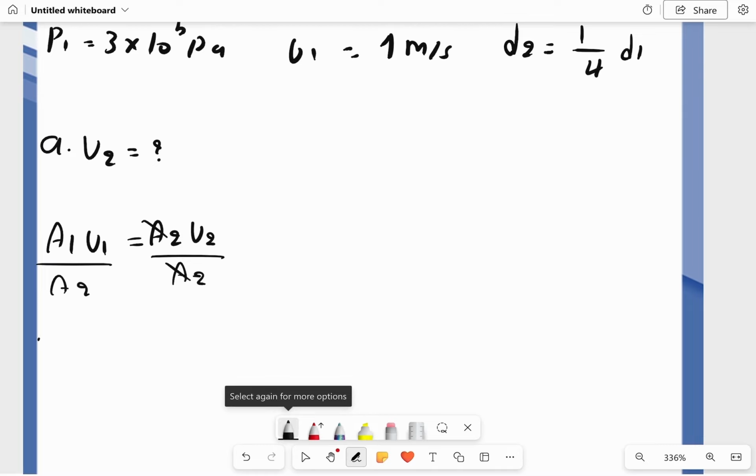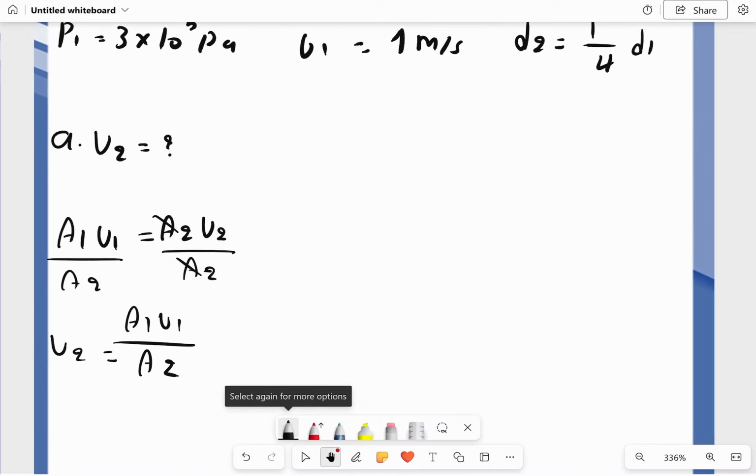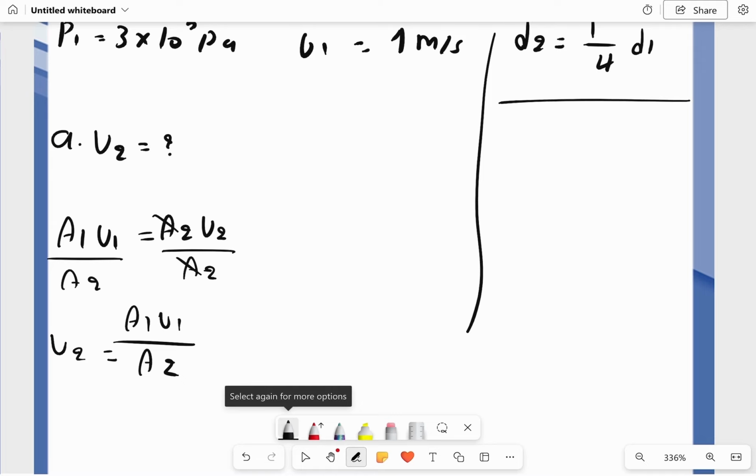A2 cancels, then V2 is equal to A1 multiplied by V1 divided by A2. Now, do I have A1? No. Do I have A2? No, I don't have A2 either, but we could do something to try to cancel A1. For this, remember that area is equal to pi r squared.